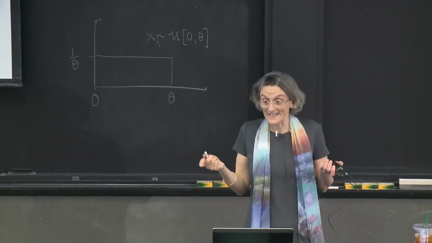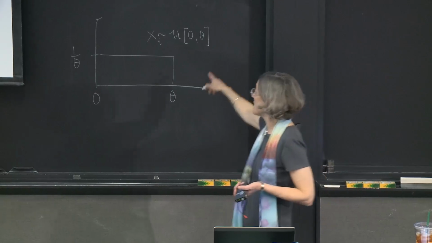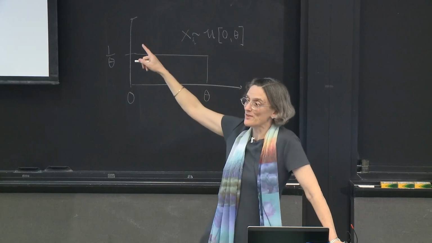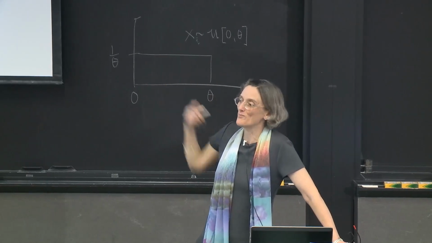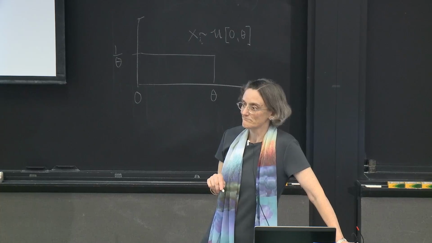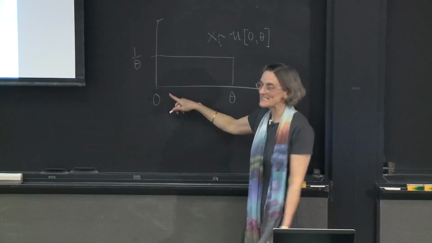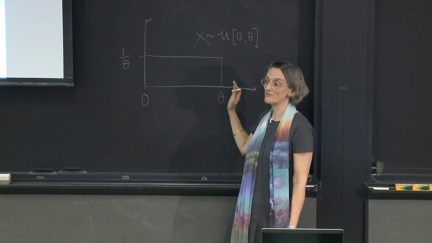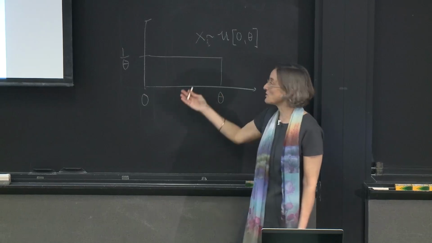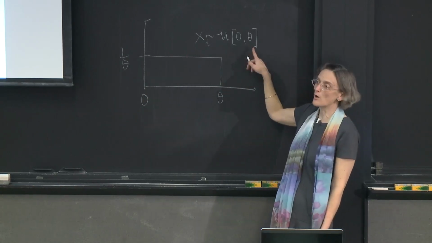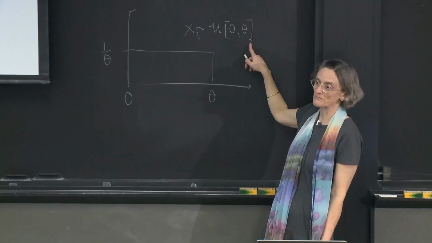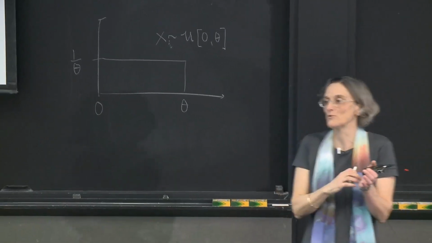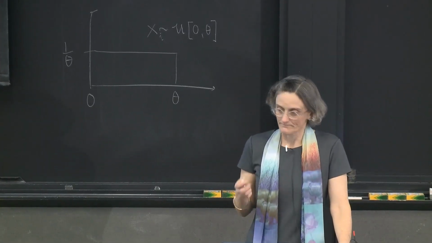We don't know what it is, but it's a number governing this distribution. Capital Theta is the space of all possible values of little theta. For instance, in this case, capital Theta has to be the positive real numbers. You can't have a uniform 0 to negative 4 distribution. So capital Theta is the set of all possible values of theta.